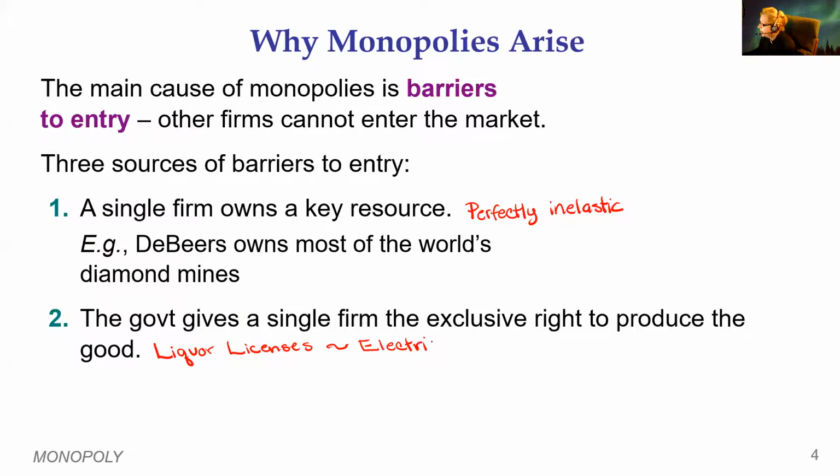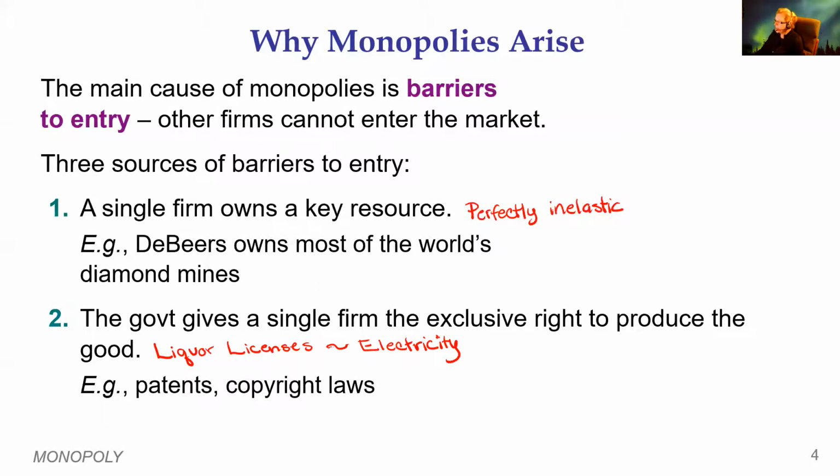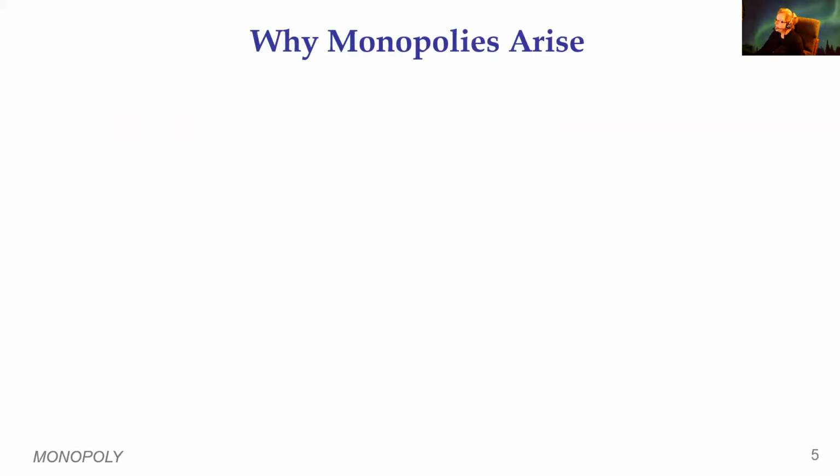The government here grants the sole right for one organization to be able to supply electricity in a certain area. And again, some other things we see, patents and copyright laws.